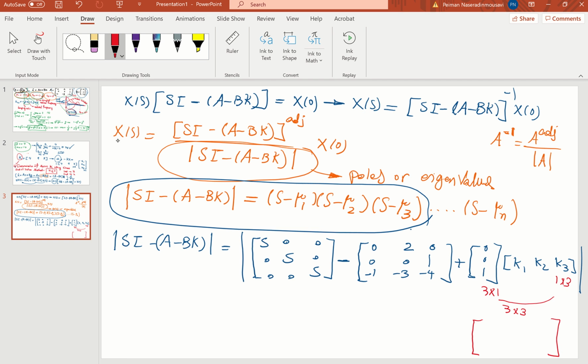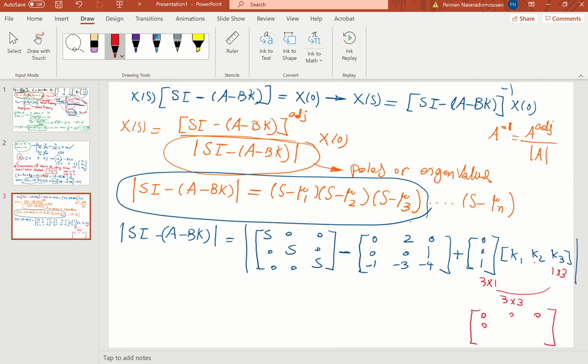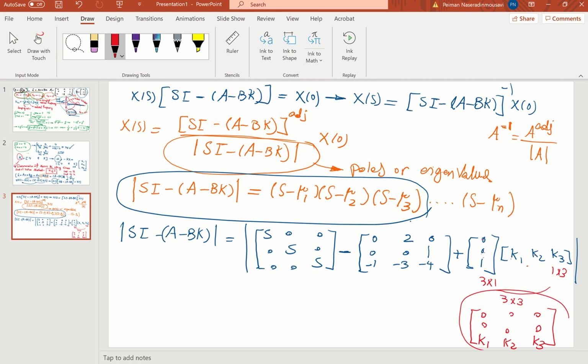Here it's going to be 0, 0, 0, 0, 0, 0, k1, k2, k3. You have to be very careful about this. If you respect what you learned in middle school and high school, you are fine.